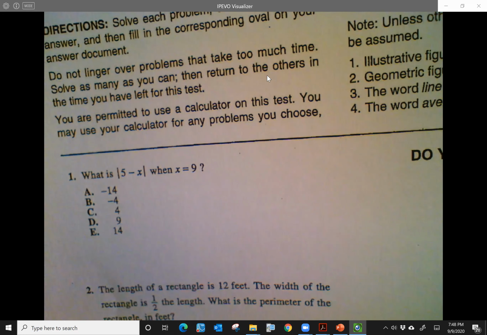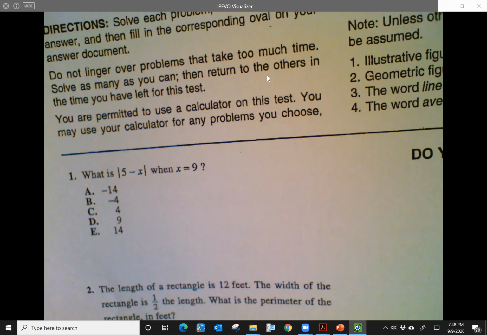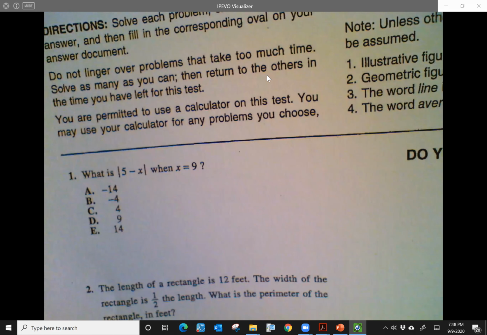So go ahead and find this one. Okay. So make sure you guys can find page 14 on the math section.